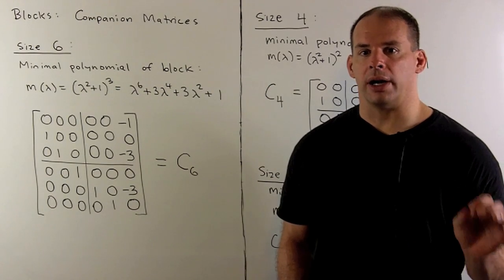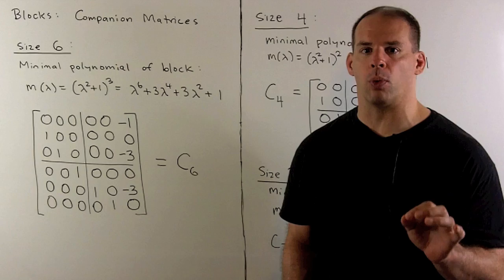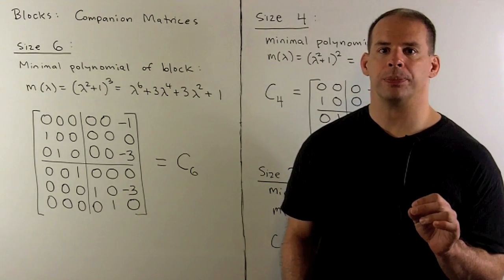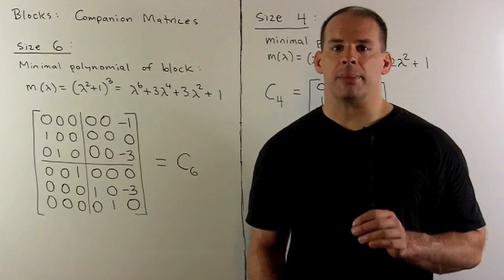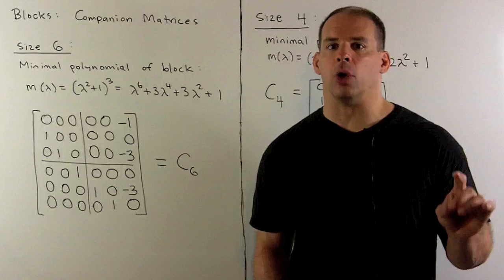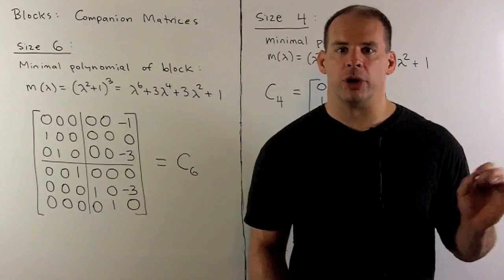Now, our next step is to set up the blocks that can occur in our rational canonical form. These blocks are going to be companion matrices. Recall, the point of a companion matrix: somebody gives you a polynomial, you form the companion matrix for that polynomial. The minimal polynomial of the matrix will be your original polynomial.